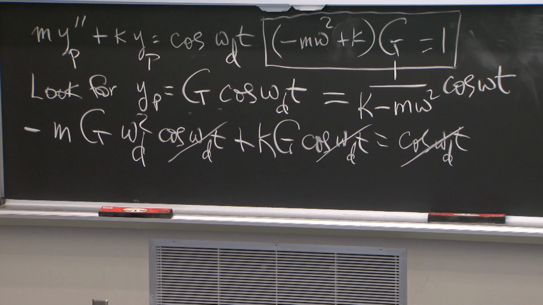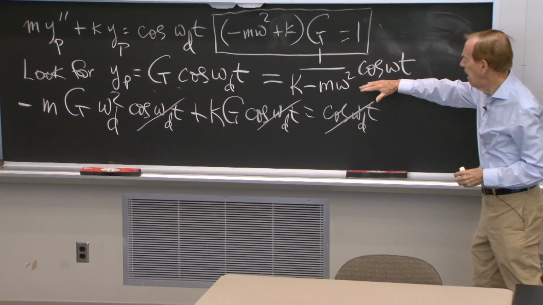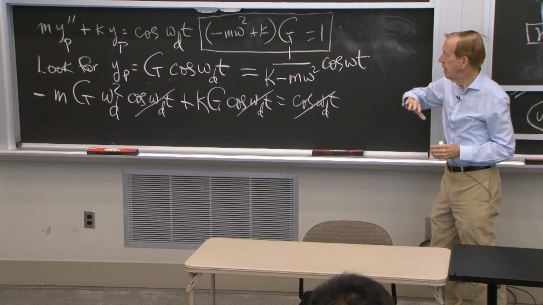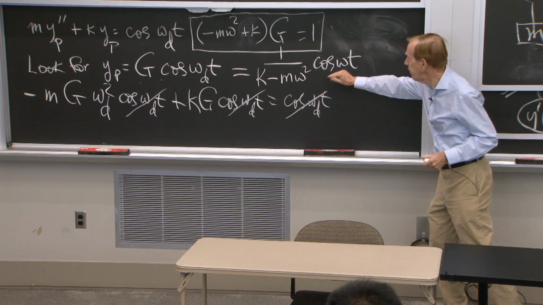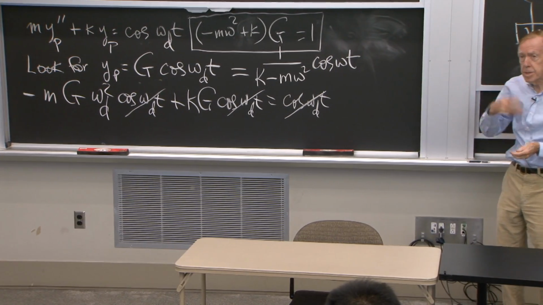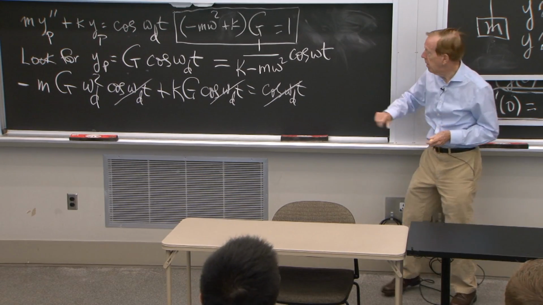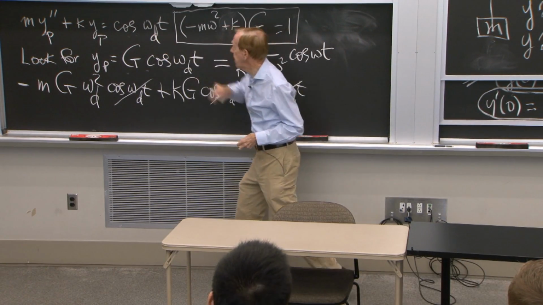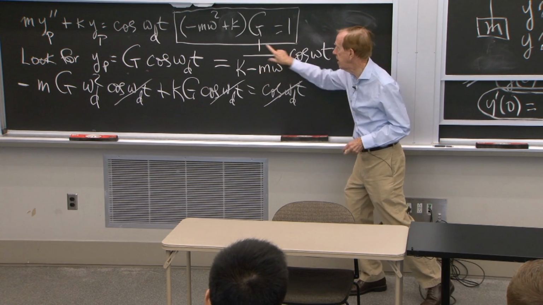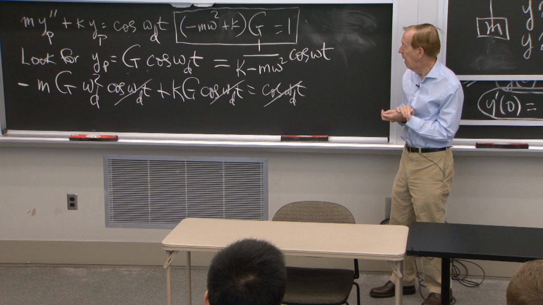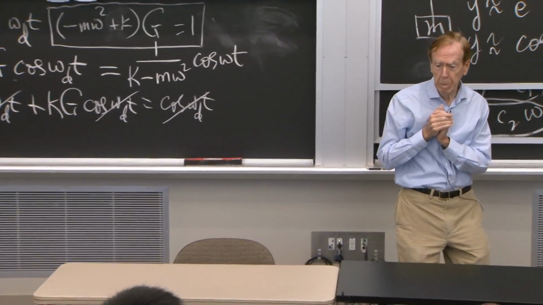Does that look good to you? This is the periodic solution going at the driving frequency. G is the gain. The driving force is 1 times cosine omega_d t, then that 1 gets multiplied by this number. This is the amplifying factor, I guess frequency response would be the right word.